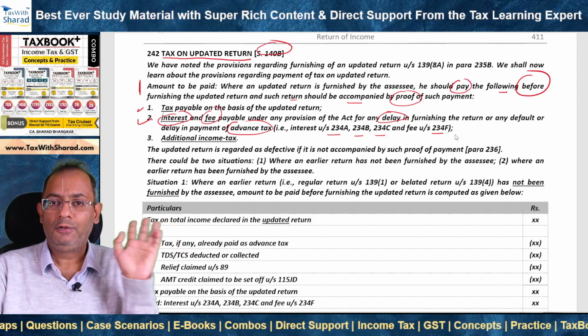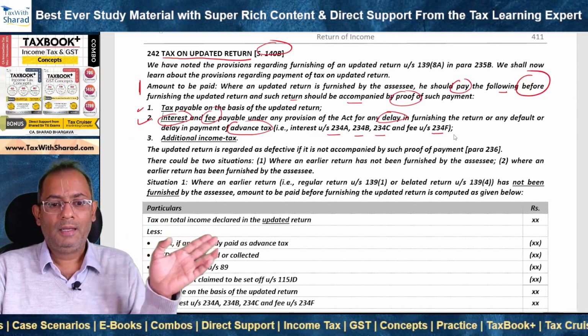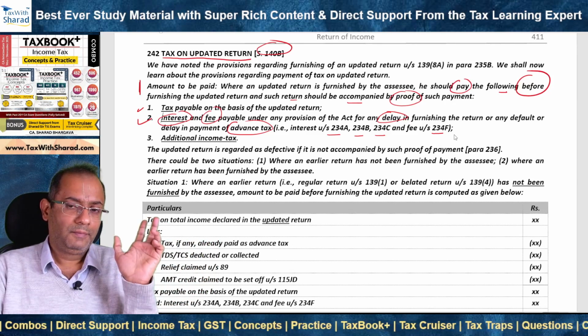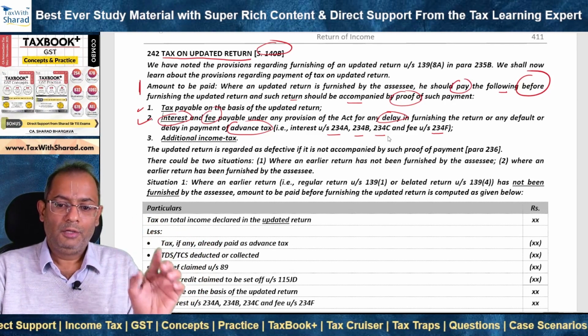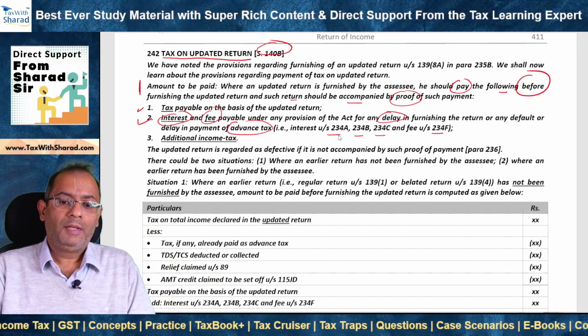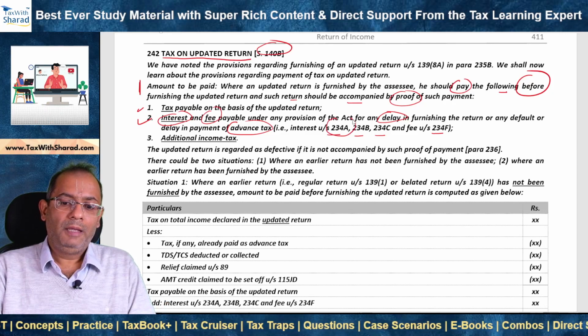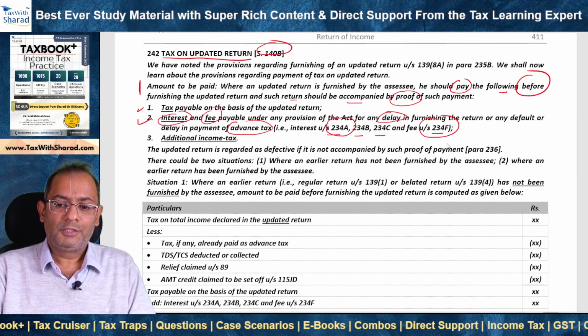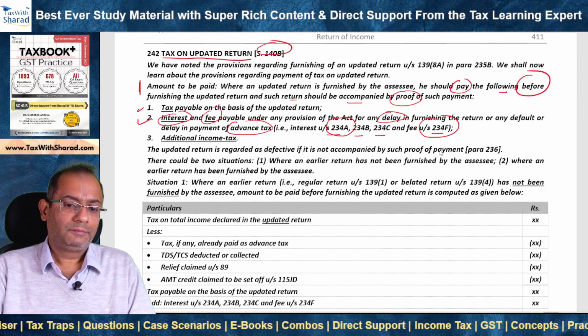So that is the due date to furnish a regular return of income. Obviously, when an updated return is furnished, there will be a delay in furnishing the return of income, and consequently, two things will happen. Interest will become payable under section 234A and fees will become payable under section 234F.